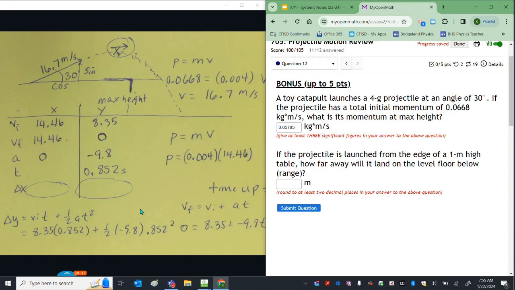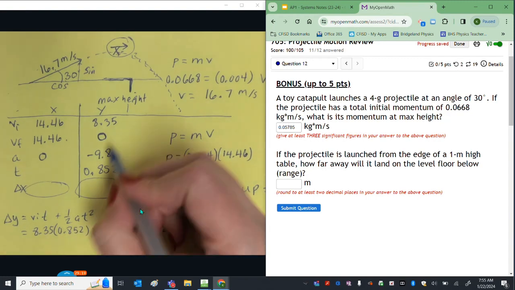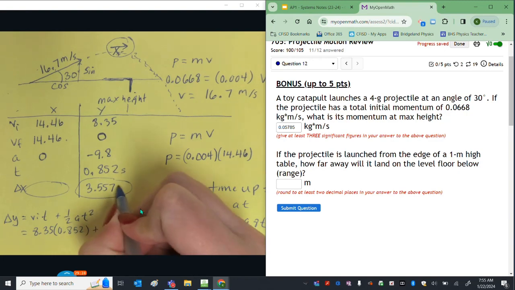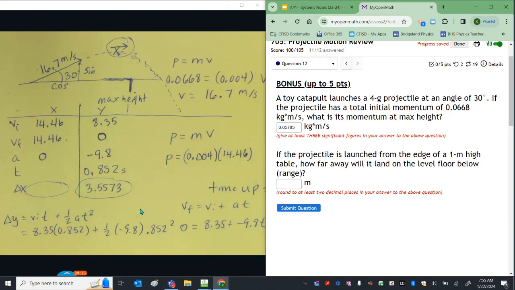And we get a max height of 3.5573, and that's rounded. But that's what we get for max height.